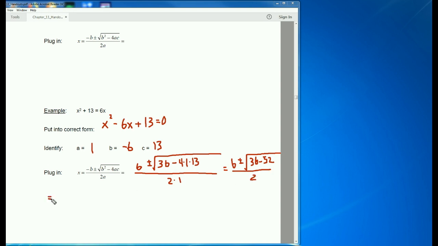So it equals 6 plus or minus the square root of 36 minus 52, which is -16, over 2.